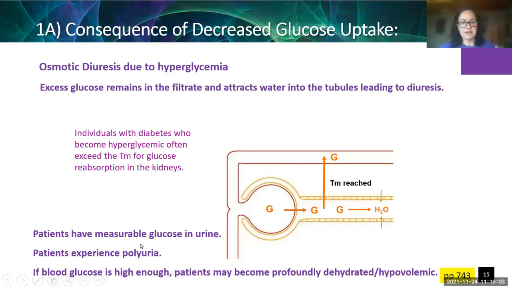So the patients end up having measurable glucose in the urine, and they experience huge amounts of urine output, so polyuria. And this is where, if the blood glucose is high enough, this is that acute problem where the patients can become profoundly dehydrated and hypovolemic. This can be an emergency, and I'll talk to you about different circumstances under which this happens.